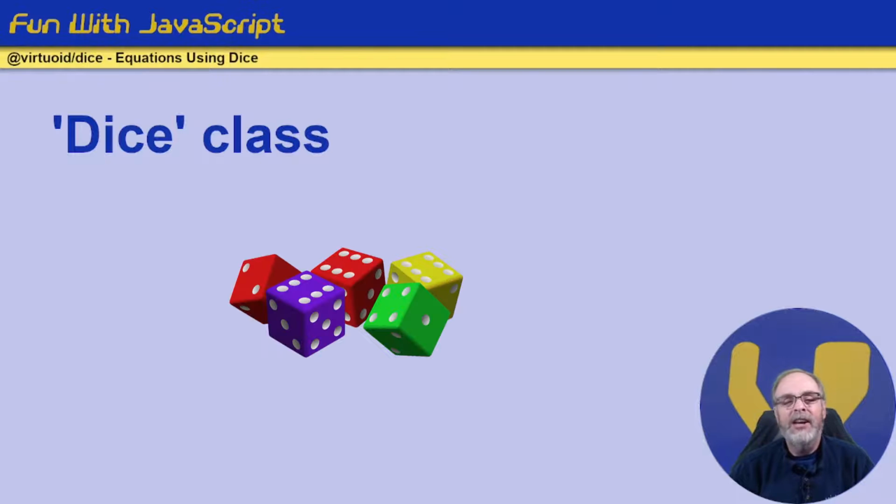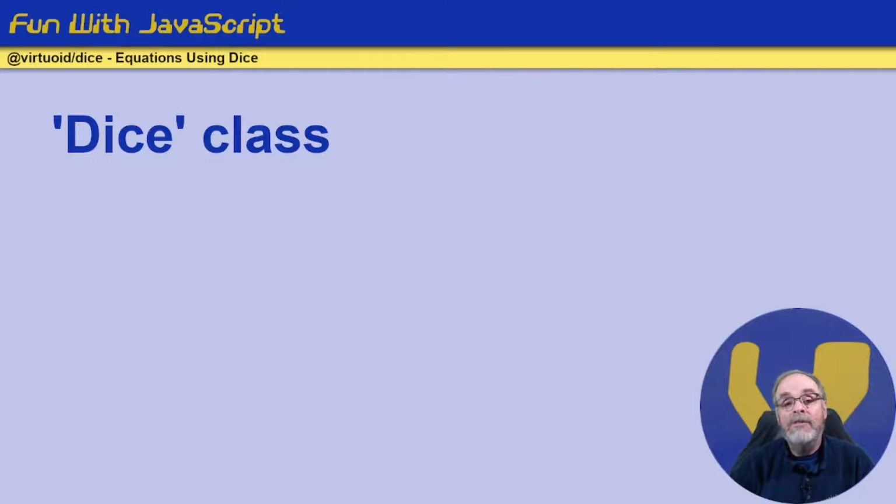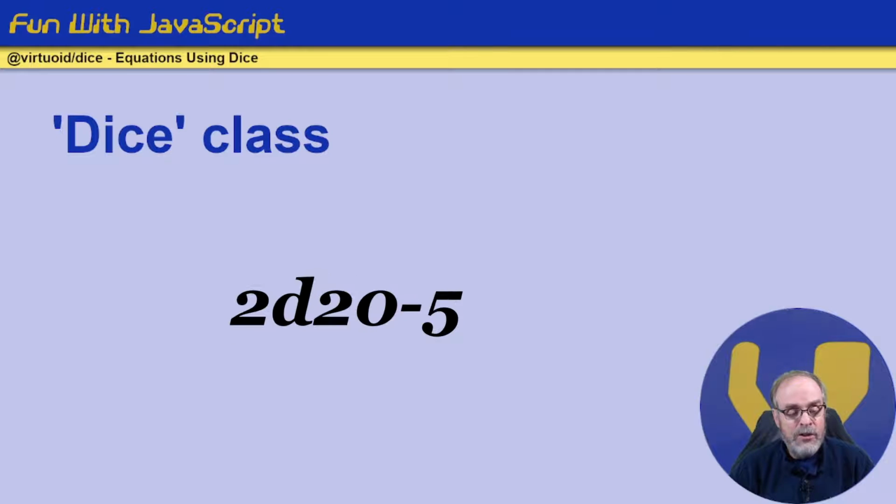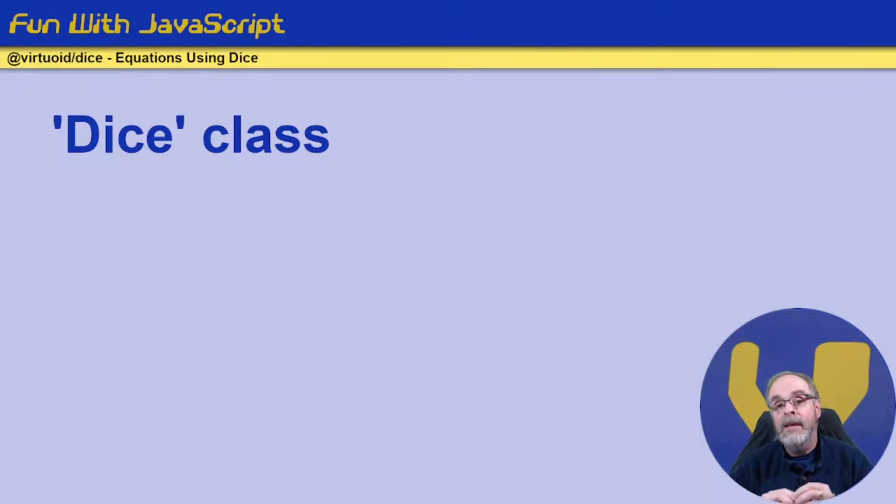And I thought, it'd be a lot of fun to redo that for Fun with JavaScript. But then I realized that's maybe a 3-minute video. That's just not a whole lot there. But then I remembered that there are a lot of modifiers within the D&D game. For example, you may have a 3d6 plus 1, or 2d20 minus 5. So I thought, what might be more fun?